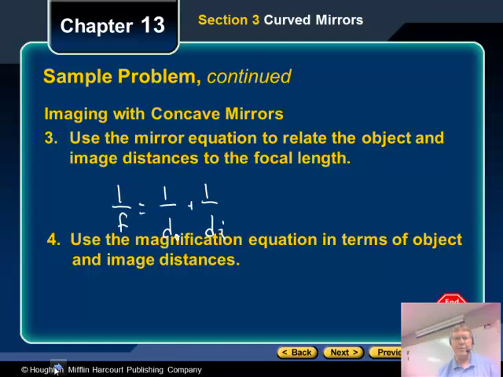And then the magnification equation in terms of the object and image distances, and that is M equals D sub I over D sub O. All right?